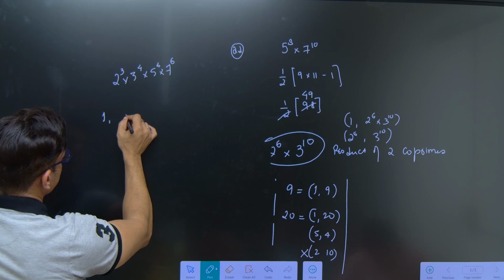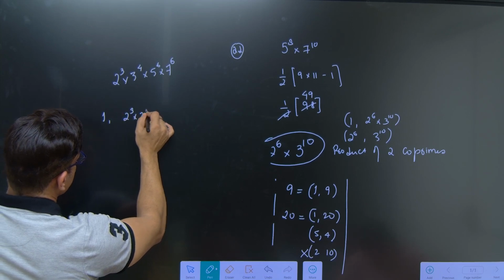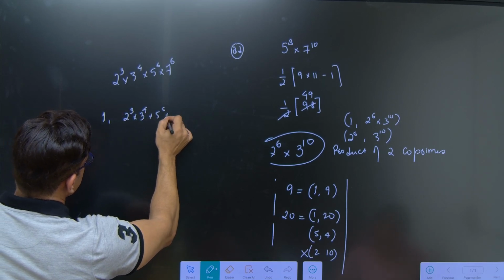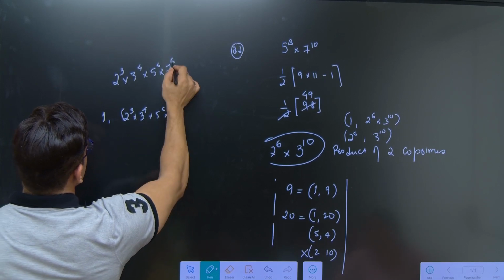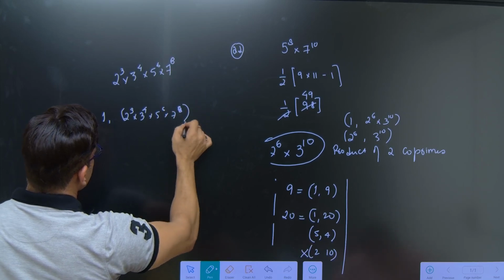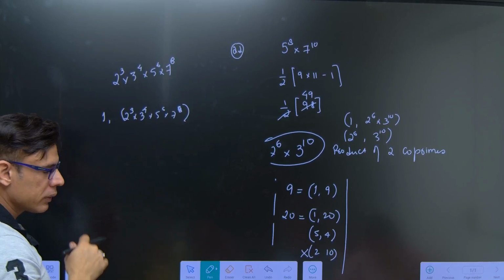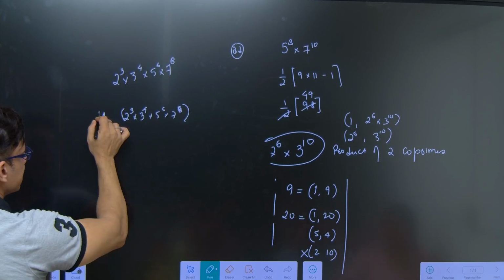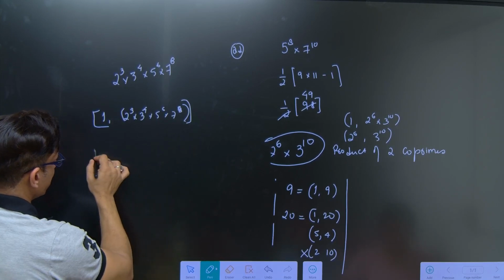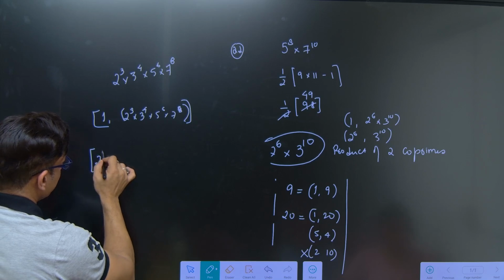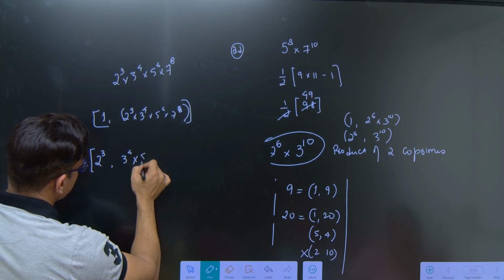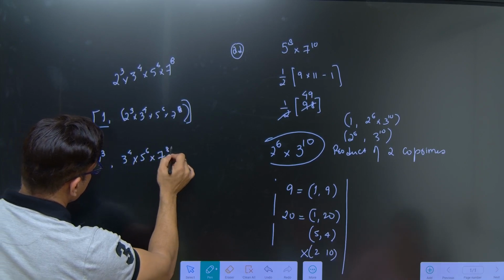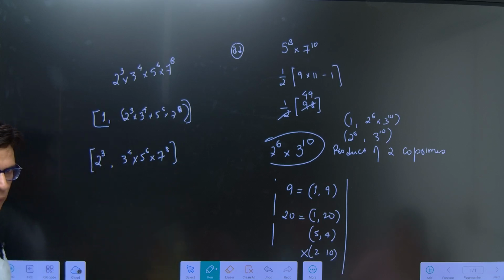One is 1 and other number is 2 cube into 3 raised power 4 into 5 raised power 6 into 7 raised power 6, right? Right. One number is this, right? The second number, so one pair is this. Second will be what? Where 2 cube and 3 raised power 4 into 5 raised power 6 into 7 raised to the power 8. This is also coprime or not?